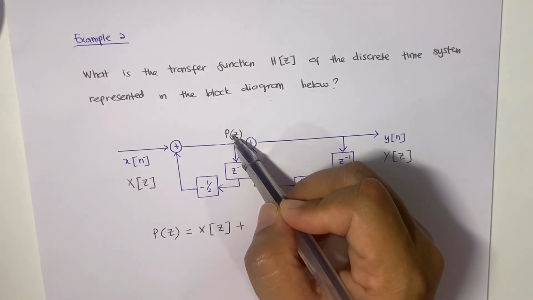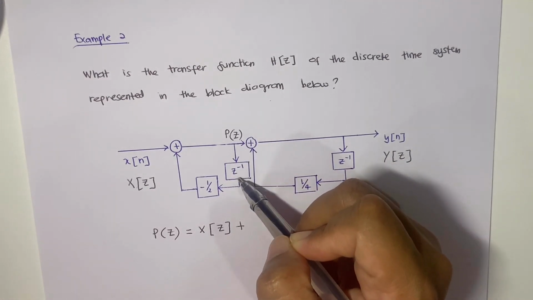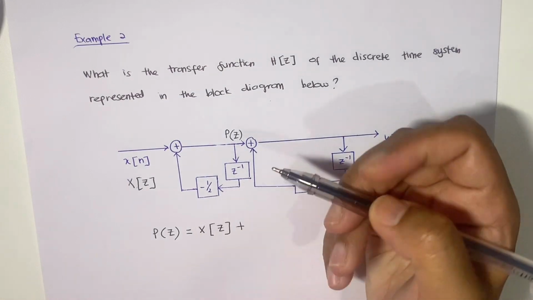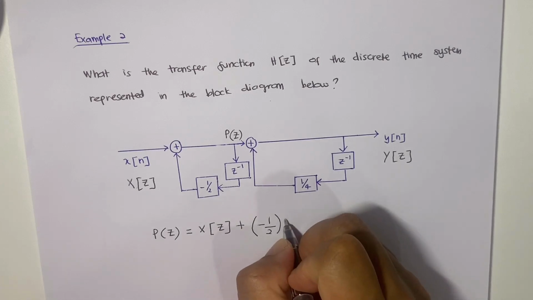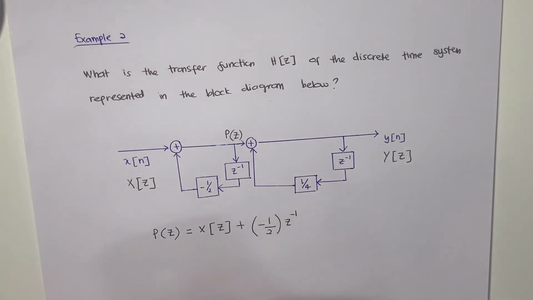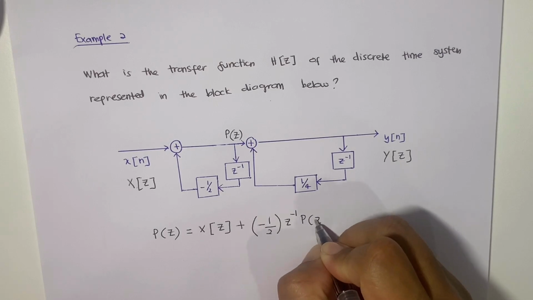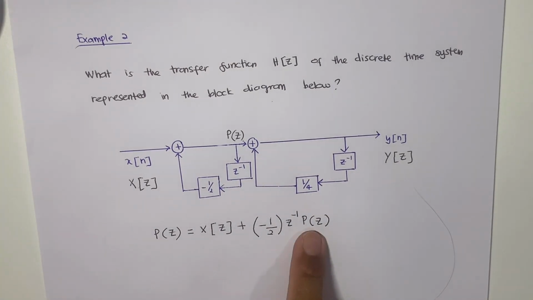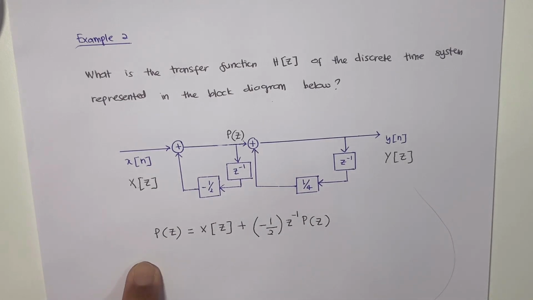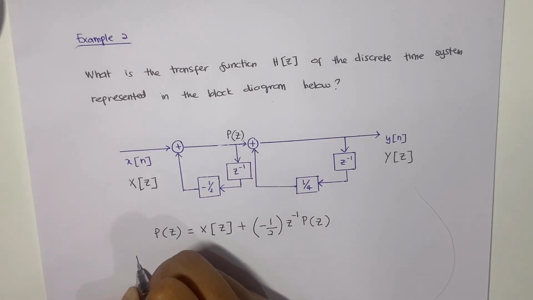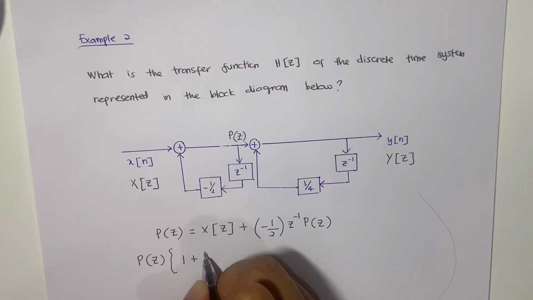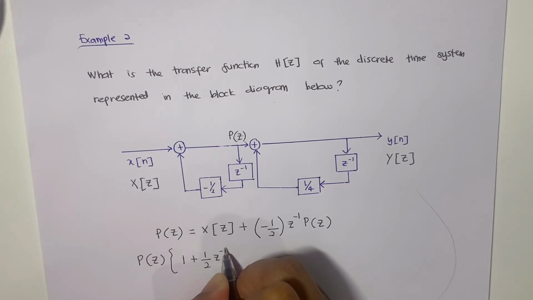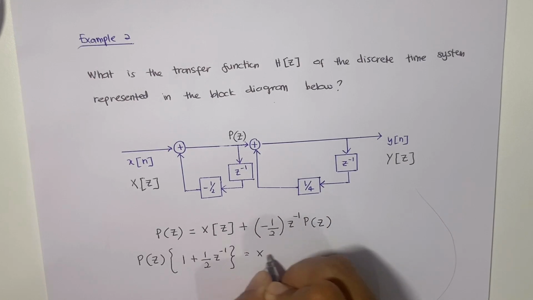This loop is pz times z to the power of negative 1 times negative 1 over 2. So, negative 1 over 2 z negative 1 pz. So I will put pz to the left side. Okay, you will get pz. After you factorize, you will get pz times 1 plus 1 over 2 z to the power of negative 1 equal to xz.